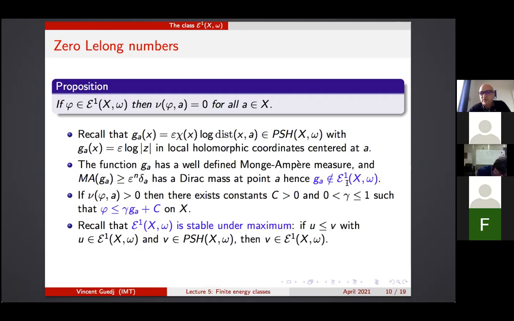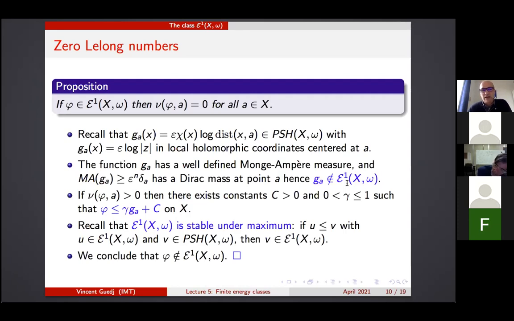But by contraposition, we conclude that phi with a positive Lelong number cannot be in E1, because if phi were in E1, then gamma G_A plus C would be in E1, and we have just explained why G_A is not in E1. Okay, so this is a rather simple argument in order to make sure that functions in E1 have zero Lelong number everywhere.